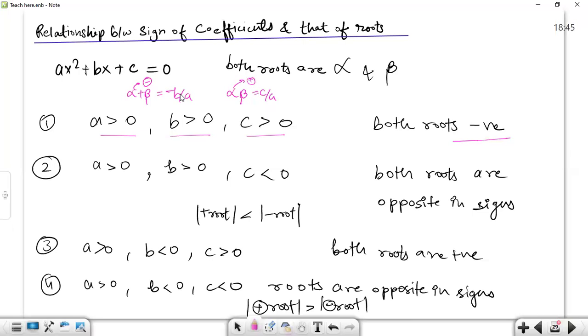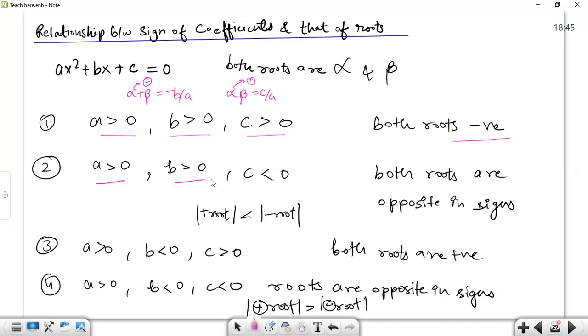Now there's only one condition left, that both of the roots are negative, and when they are multiplied to each other, their product itself is positive. That's how we have found it out. Understood? Yes, sir.